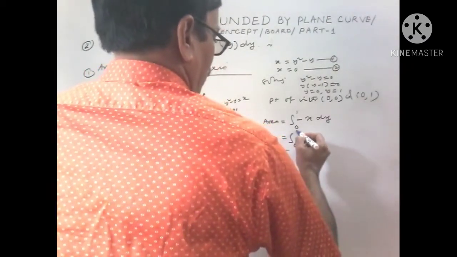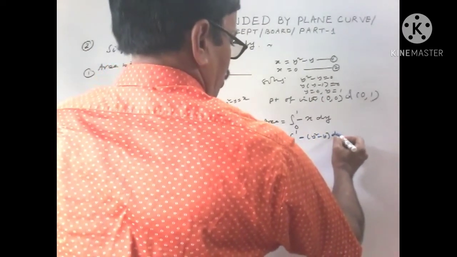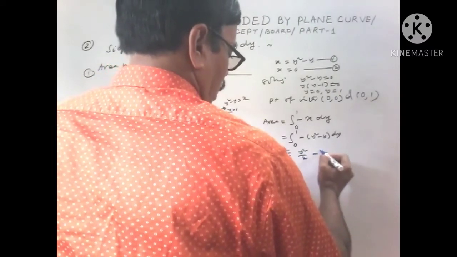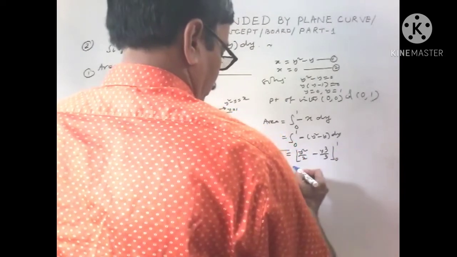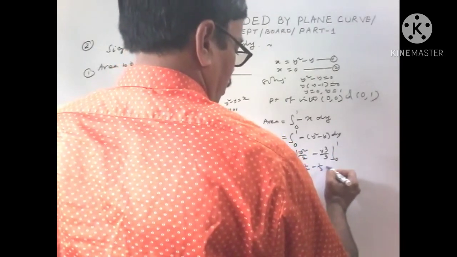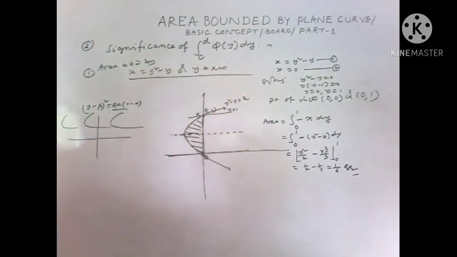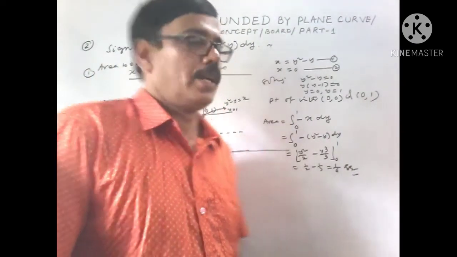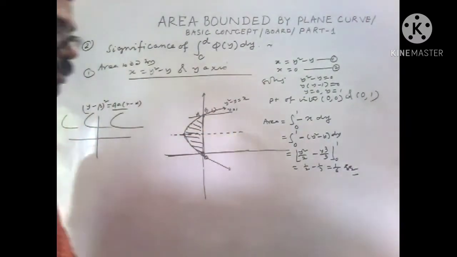So the integral from 0 to 1 of minus y square minus y, dy. So y square by 2 minus y cube by 3, from 0 to 1. So half minus 1 by 3. This is 1 by 6. So this is one application: how to find area if it is bounded by the y-axis.